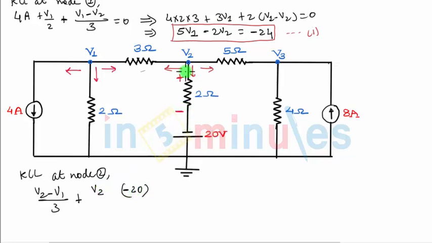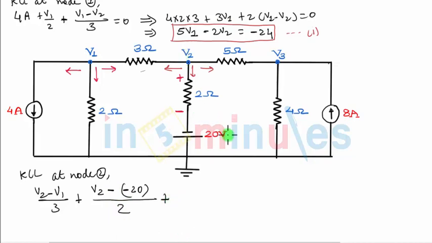These are the two voltages, V2 on the positive side, minus 20 on the negative side. Why do we write minus 20? Because the negative polarity is connected to the negative terminal of the battery, and because it is a potential difference, we have to take the difference between V2 and minus 20. So that becomes my complete potential difference across the 2 ohm resistance. Divided by 2 will give me the current through this branch.